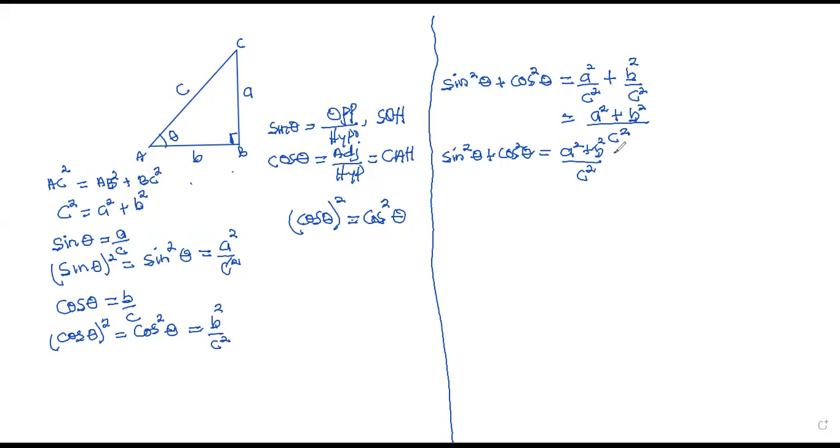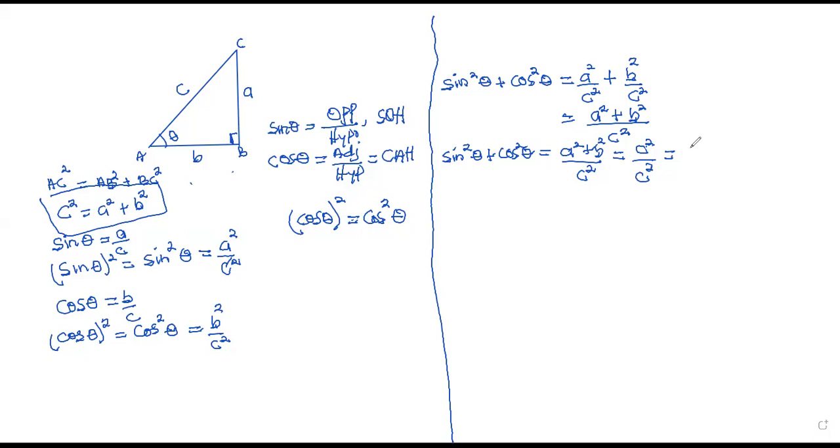Class, look at the numerator. What does the numerator represent? Can somebody help? That's the hypotenuse. So from Pythagoras theorem, A squared plus B squared is equal to the square of the hypotenuse. So we can say that this is C squared over C squared.